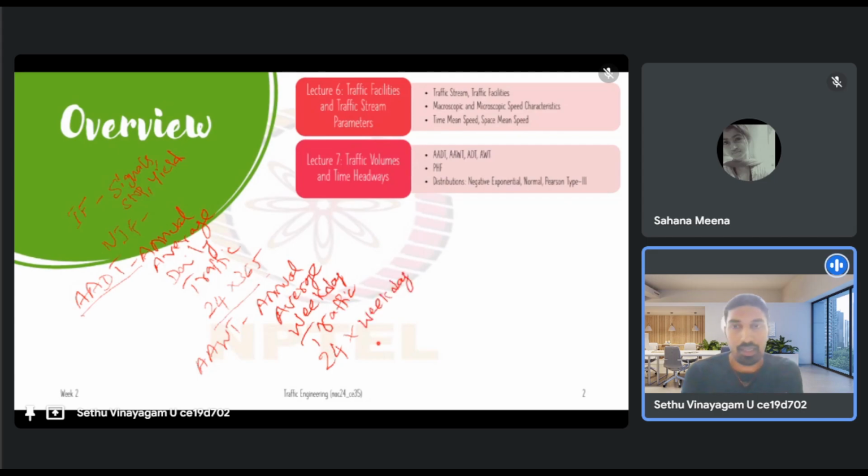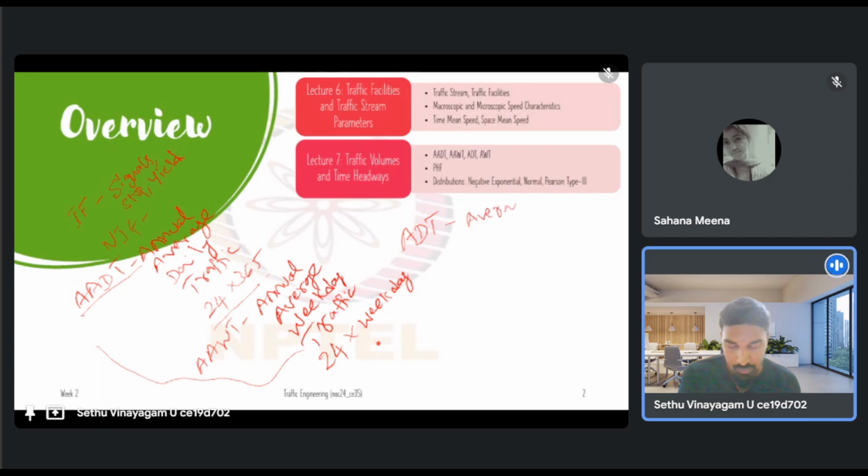This is going to be for a lesser period of time, but still done throughout the year. So then we get an annual average weekday traffic, but these are generally not practically feasible. You will not generally have that much time to count the traffic volumes. So we go for periods lesser than a year, usually 1 or 2 weeks, and then we take the averages.